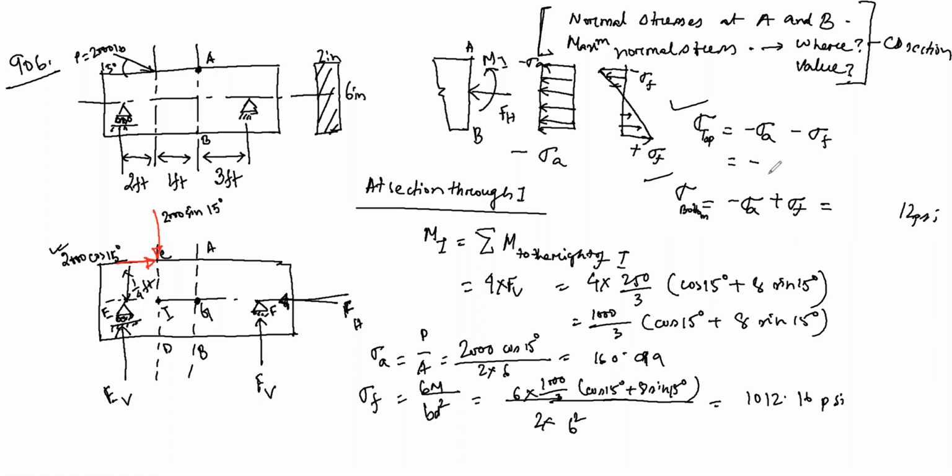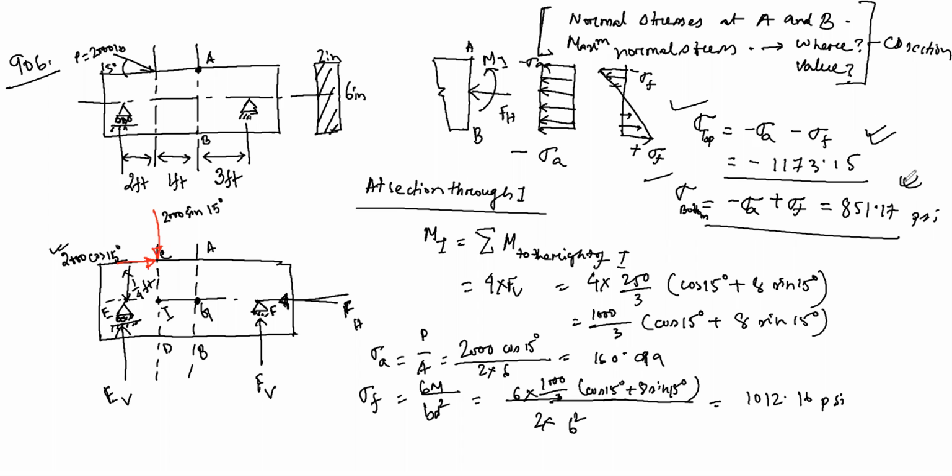So maximum top এ আসবে 1173.15, and this one will come 851.17. So this will be প্রথম দুইটা এবং এই দুইটা, this will be my answer.